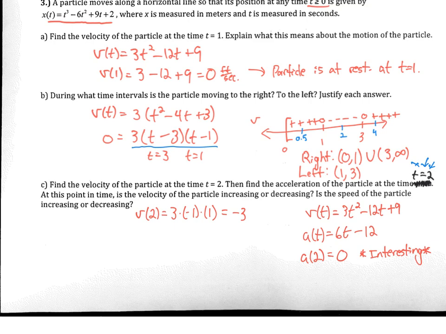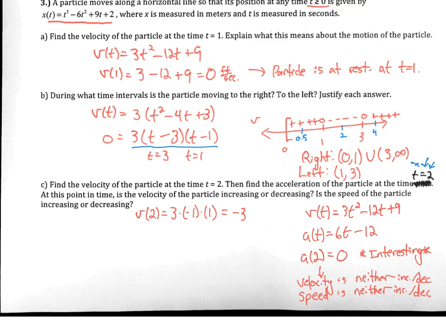However, because the acceleration is 0, what this means is that the velocity is neither increasing or decreasing. And because the acceleration is 0, that also means that the speed is neither increasing nor decreasing.